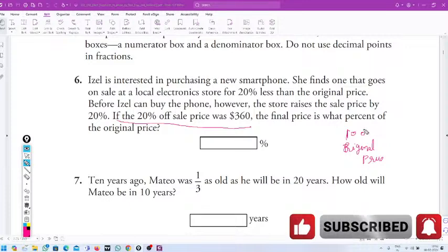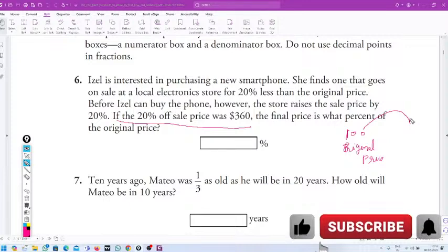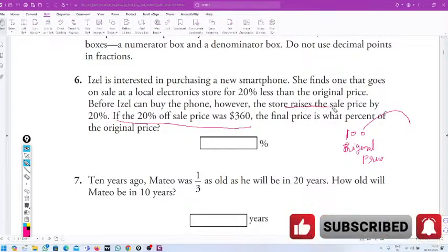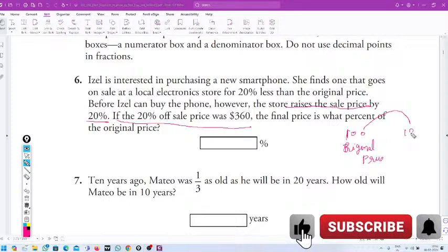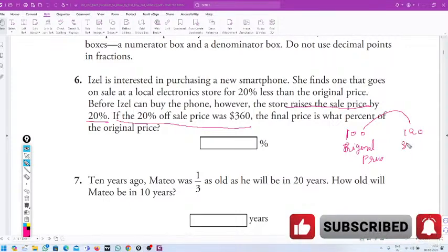The storekeeper increased the prices by 20%. The store raises the sales price by 20%. So what will happen now? The new price will be 120. So the store raised price will be 120.